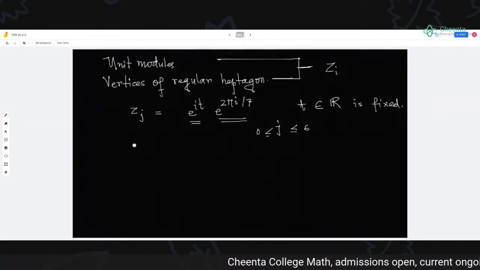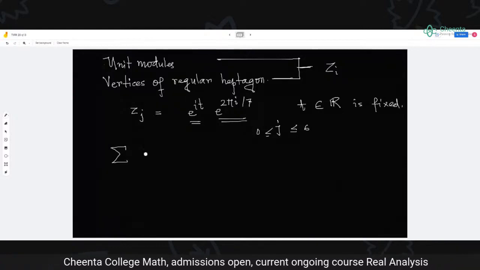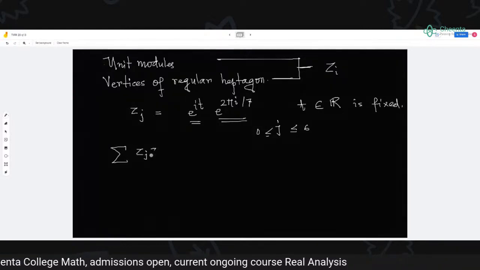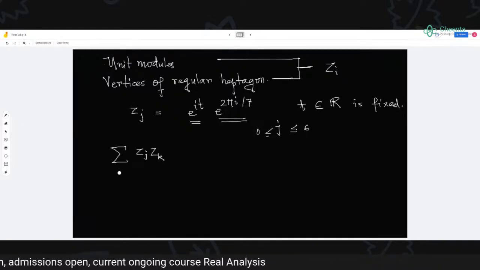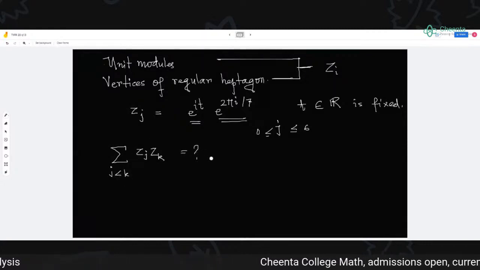So what practically is being given to you is the summation of zj zk, j less than k. So that's the summation that we will be trying to find here. Now, what is this?